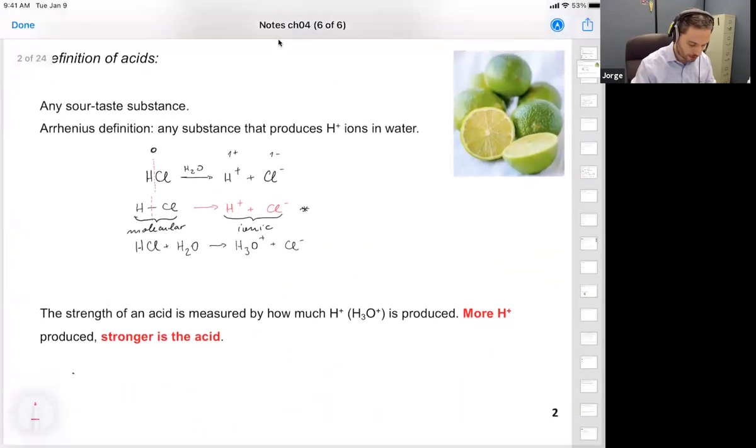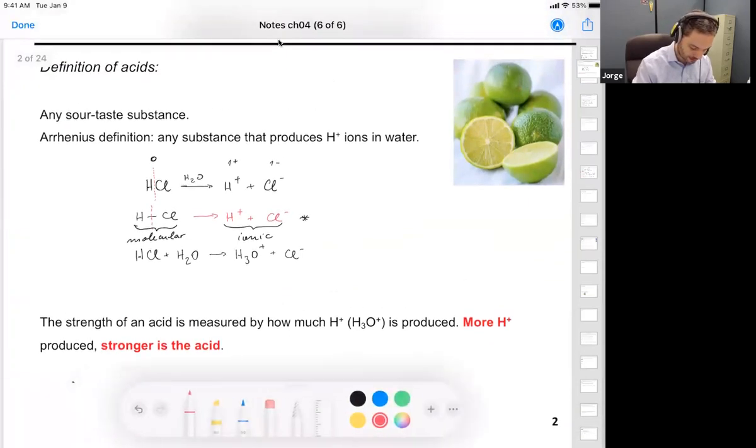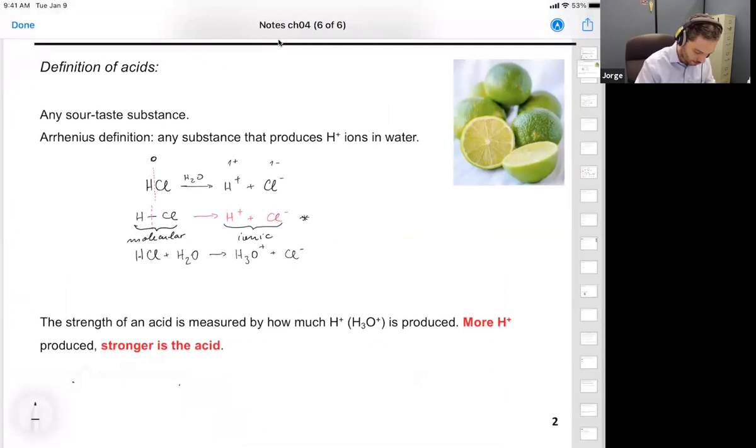And slightly the same thing for acids, okay? HCl at room temperature, this is a gas. And again, this is called molecular form.